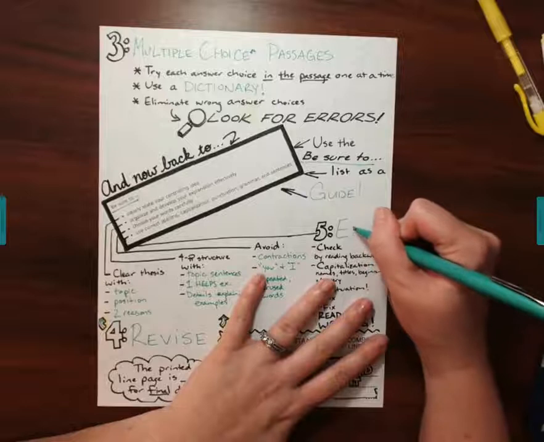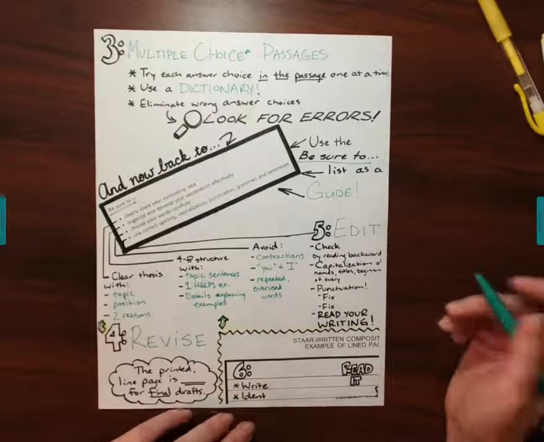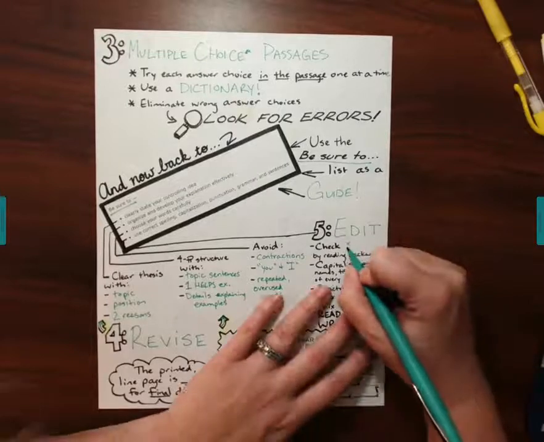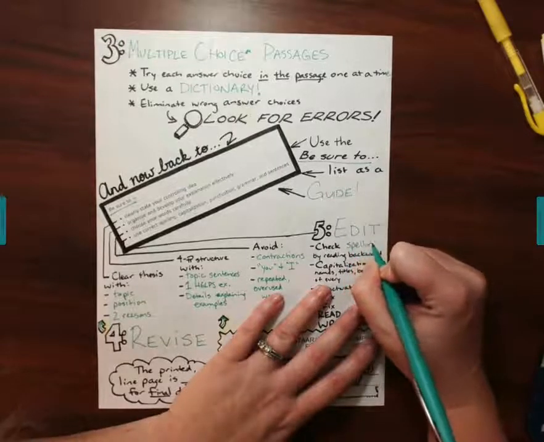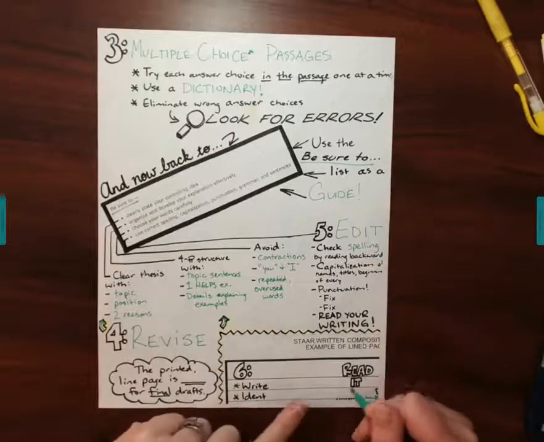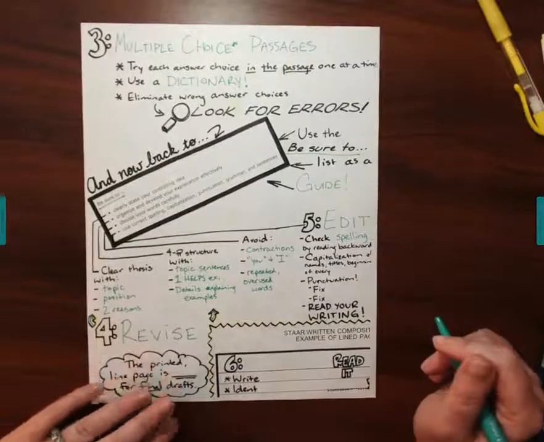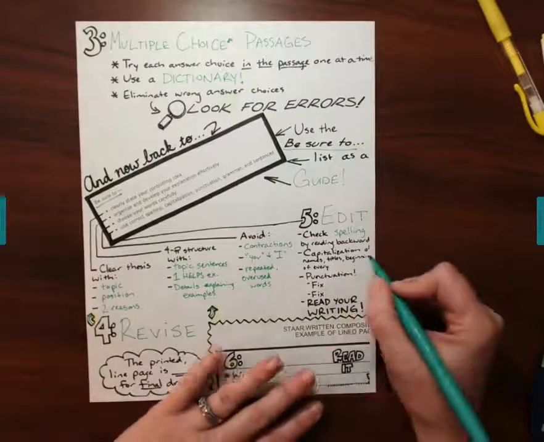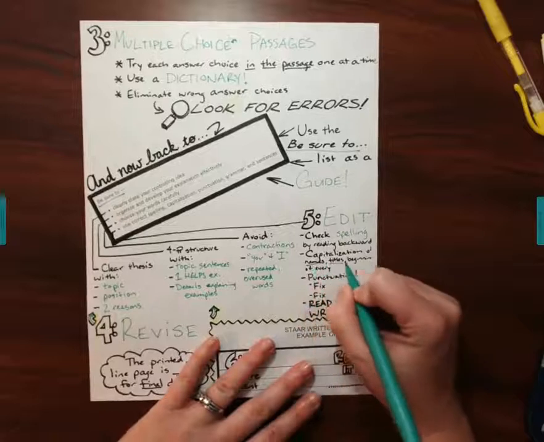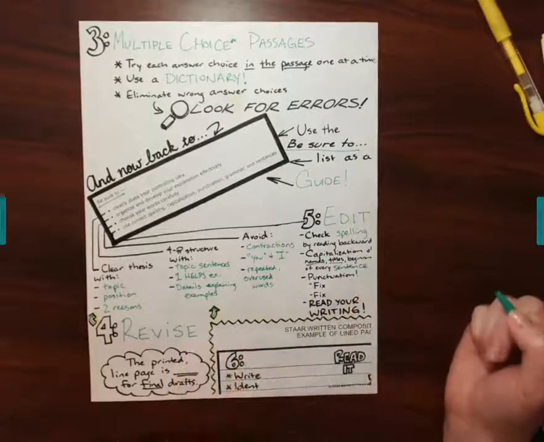Now, you want to edit, okay? Start by checking your spelling, and you're going to laugh at me, but read your essay backward from end to beginning, one word at a time. That'll help you spot spelling errors. You also need to look for capitalization of names, titles, and the beginning of every sentence.